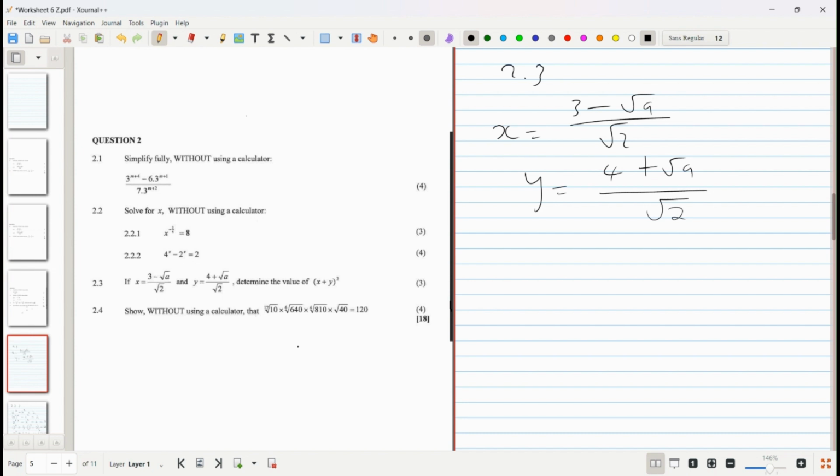Okay, so they just want you to determine why x plus y squared will equal 2, right?